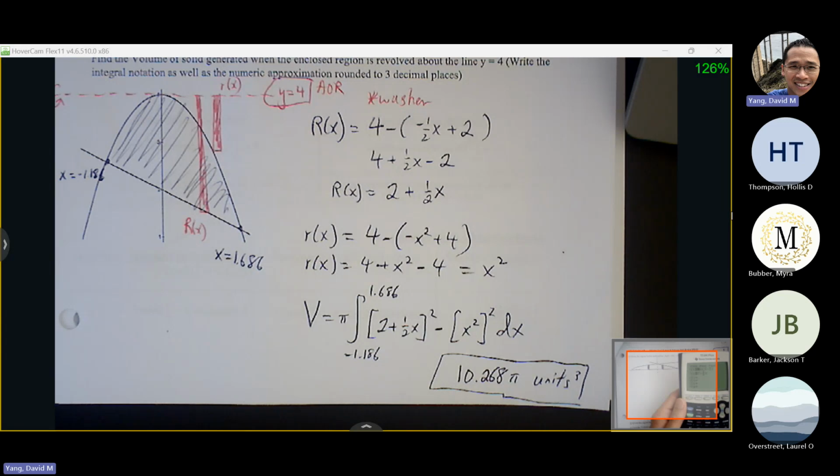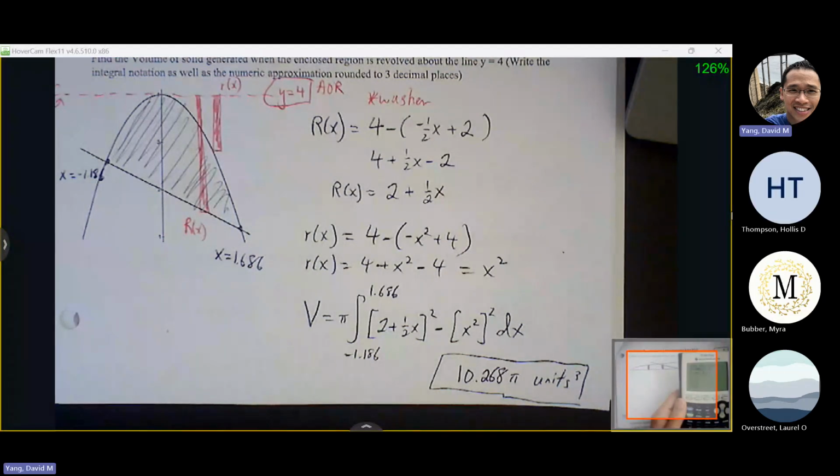Yeah, so sorry, I meant to say area, that's why fraction.